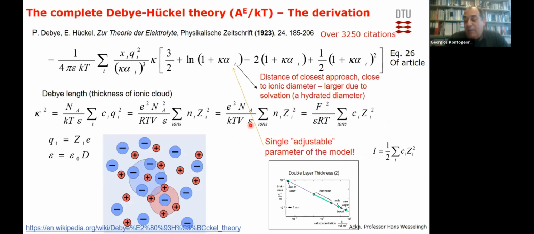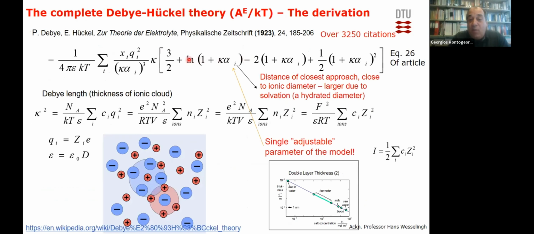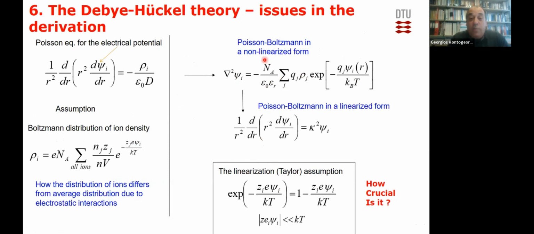But now, and I really need to spend 5-6 minutes now on maybe the most important issue, because when we also see some trends like this, we have to go back to the Debye-Hückel theory, to the derivation, even to the full equation, in order to understand, are there things there that are a little bit tricky? And even this complete equation that you see here is obtained under a very serious assumption.